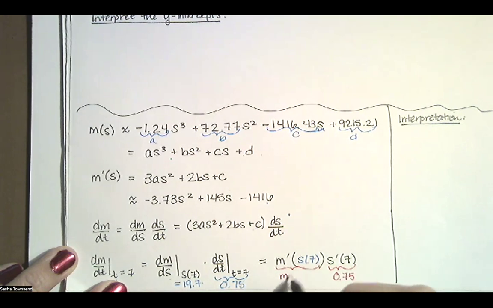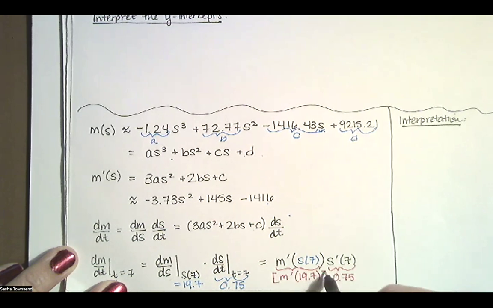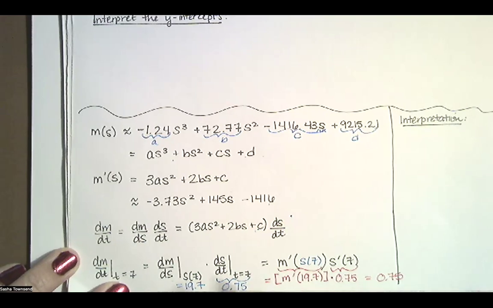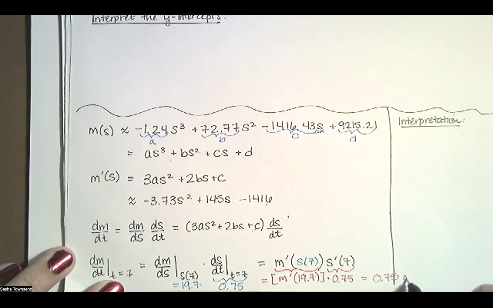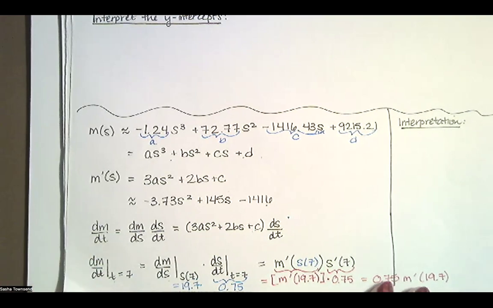This is m prime evaluated at 19.7. And we're going to multiply those two together. So we have 0.75 times this function evaluated at 19.7. That's a number, and we'll have some interpretation for that.